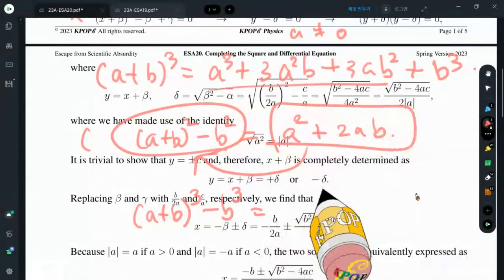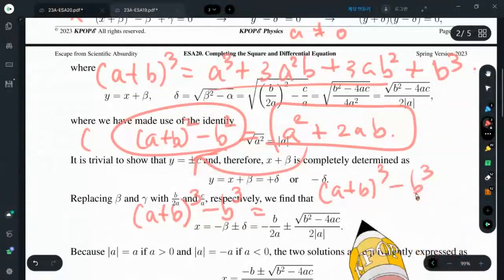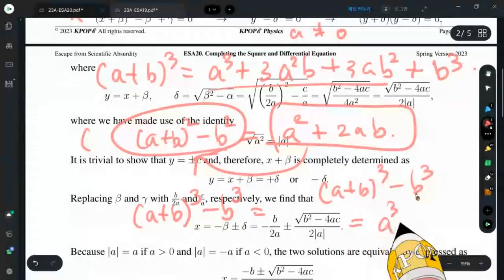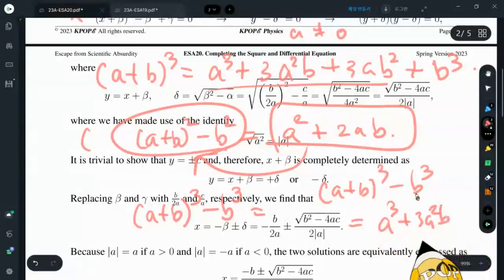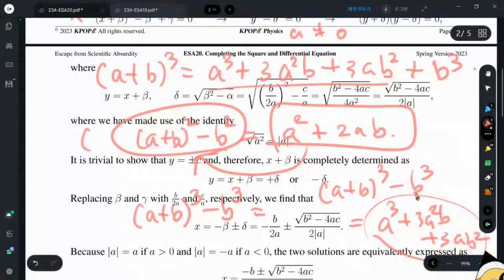Now we know a plus b cubed minus b cubed equals a cubed plus 3a squared b plus 3ab squared. Using this manner, I can remove both of them.